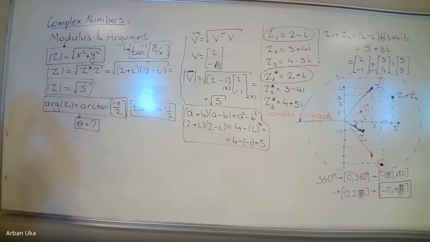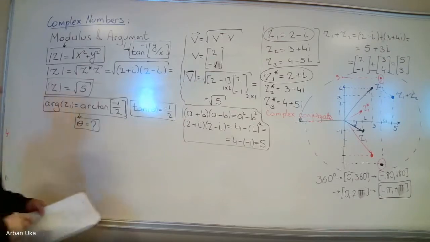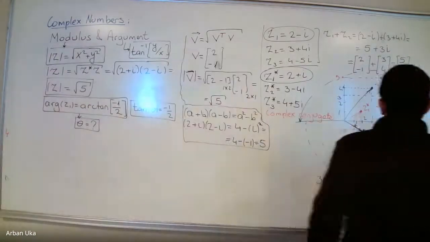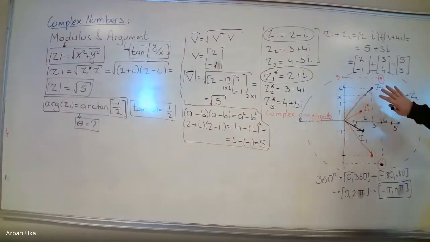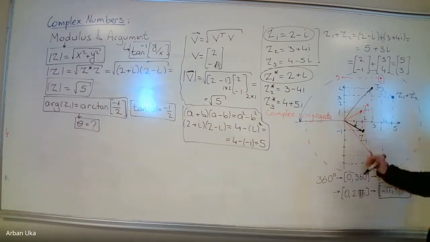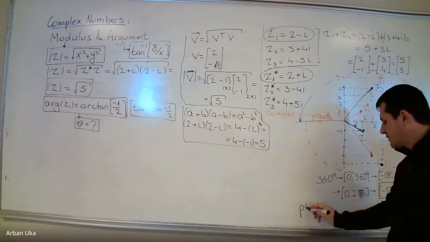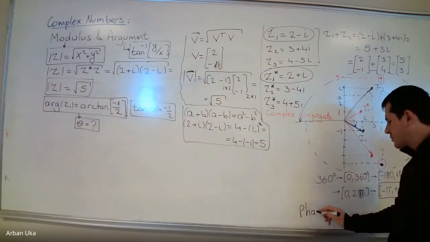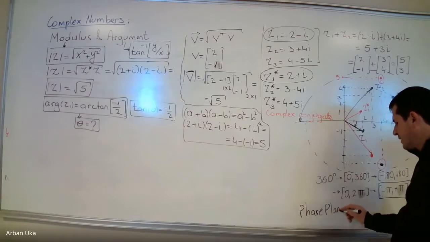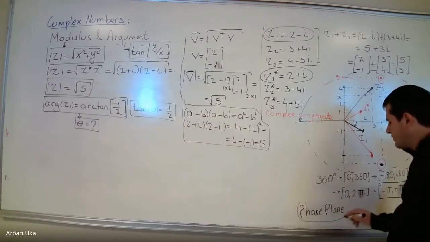Okay, and now regarding the plane, here we have the Argand construct, and here it is almost obvious that we can also call this the phase plane. Why do we call this the phase plane?